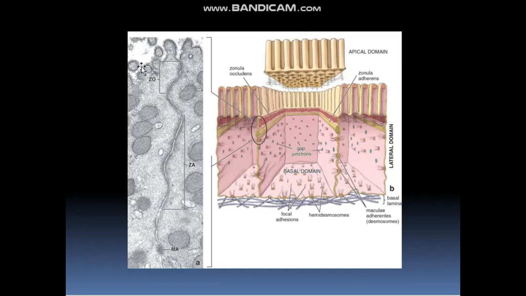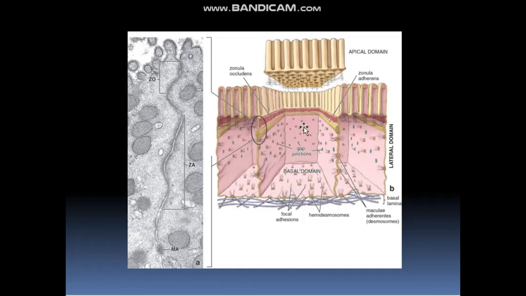Here you can see an electron microscope image of the lateral domain of the cell. The basolateral domain can be subdivided into the lateral domains and the basal domain. Because these regions are different functionally, each may have surface modifications and specializations related to their functions.